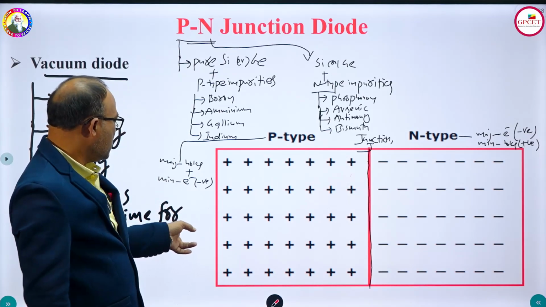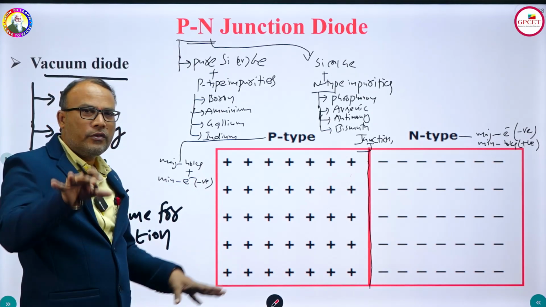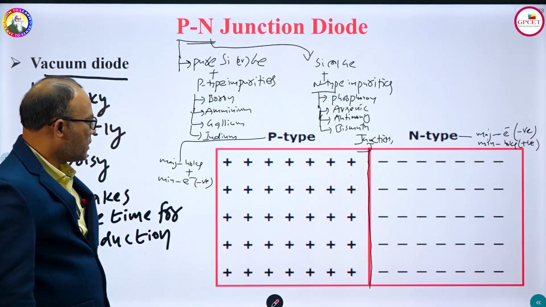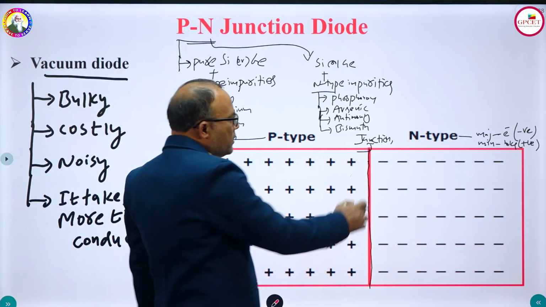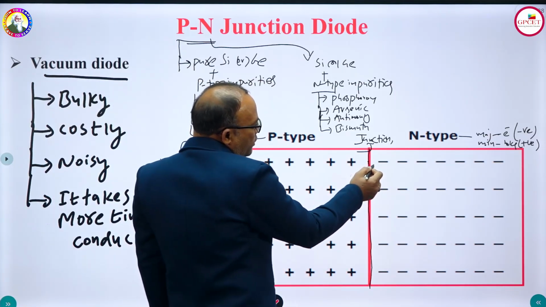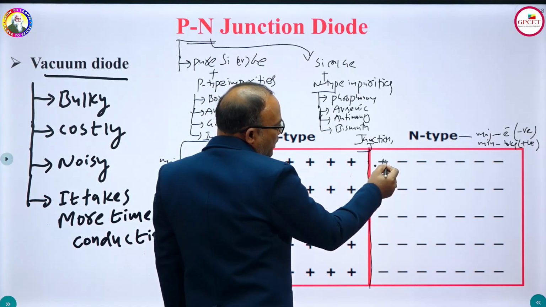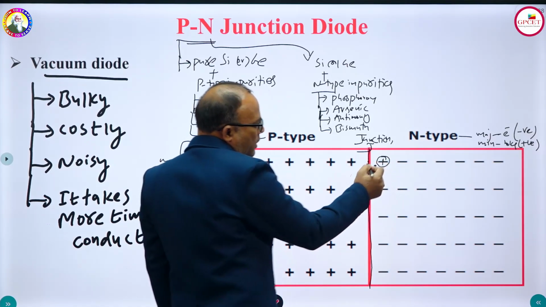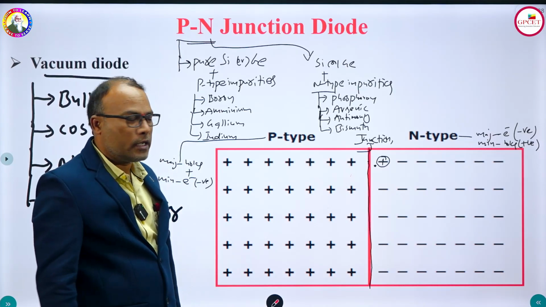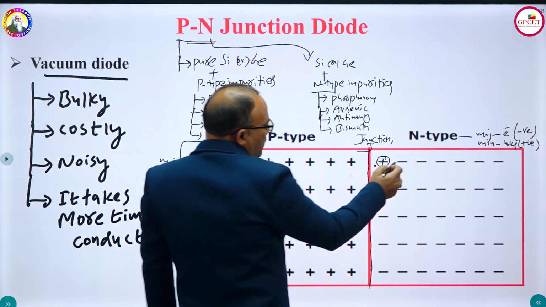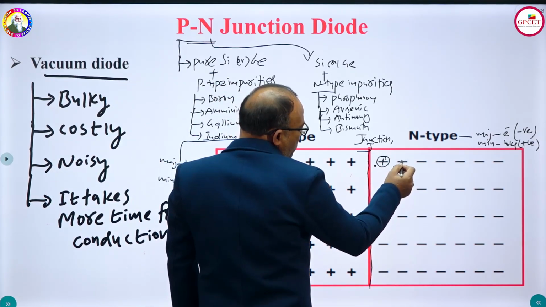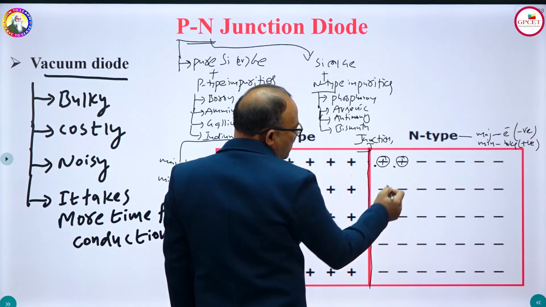So here let us see the same structure in the form of ions. For example, here in the n-type, an electron will donate one electron and it will form an ion which is called a donor ion. So all electrons will donate one electron and form an ion.